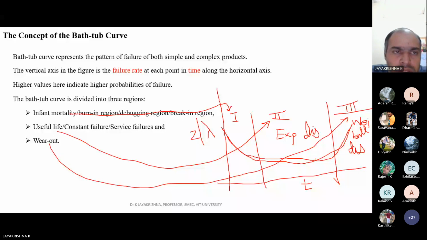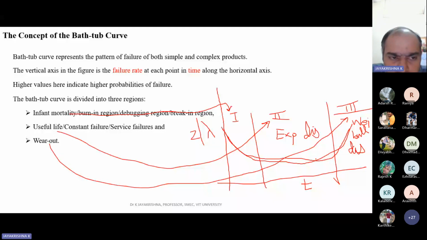So this bathtub curve is plotted between what? Failure rate and time. It has how many stages? Three stages, sir.